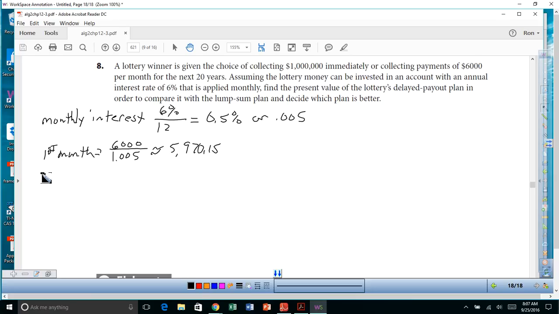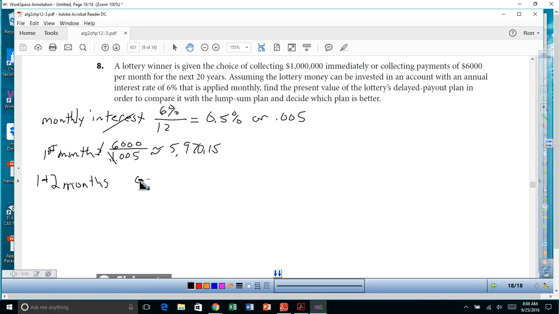And then, let's see, the first and second, 1 and 2 months. I'm having some trouble with my handwriting here.